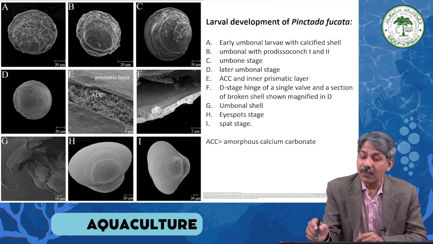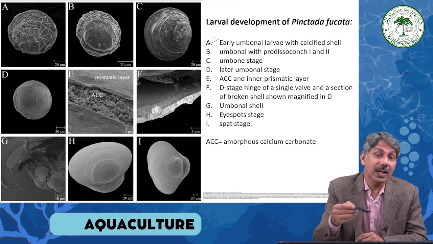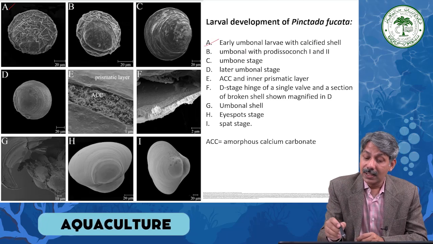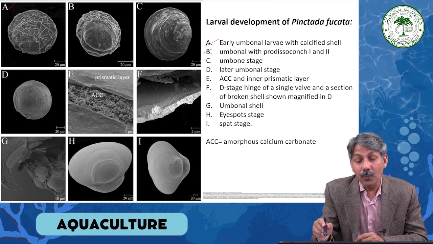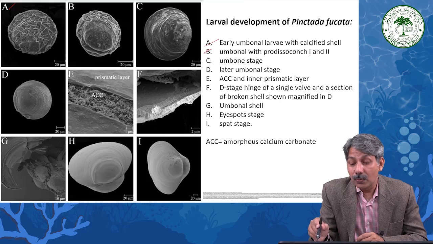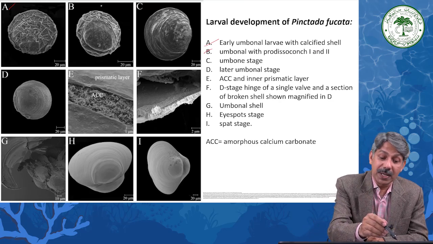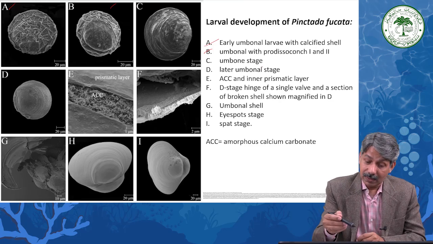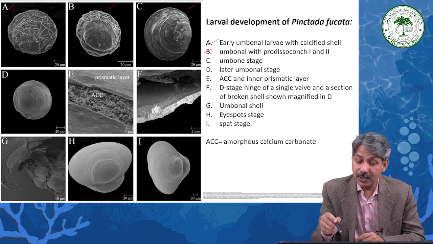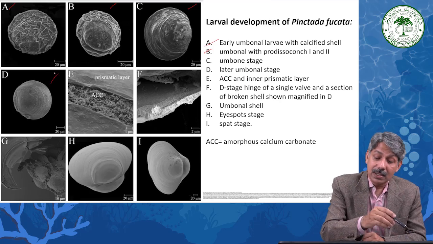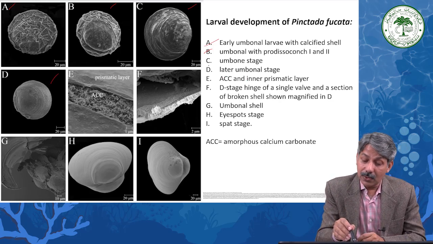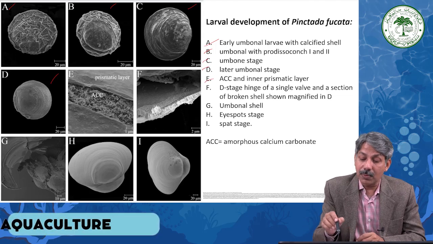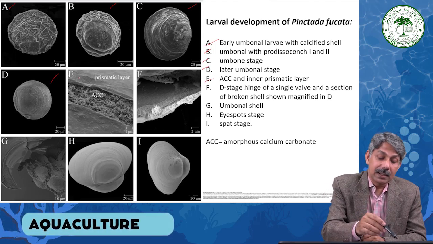In A, you can see early umbonal larvae with calcified shell. In B, you can see umbonal larvae with prodissoconch 1 and 2. Then the umbone stage is represented in C, D is the later umbone stage, and it is followed by E representing ACC, amorphous calcium carbonate, and the inner prismatic layer.